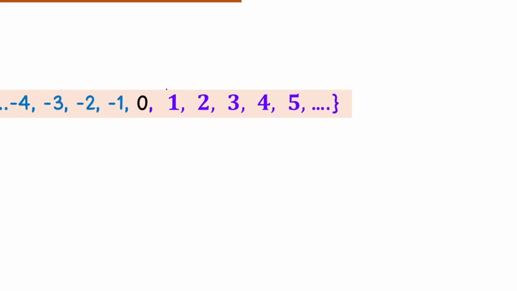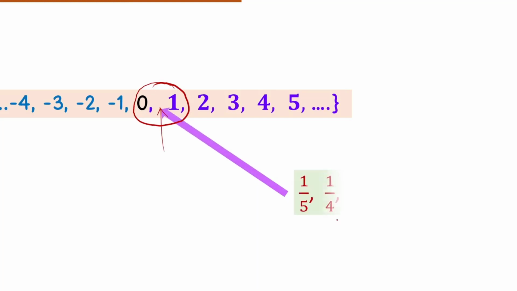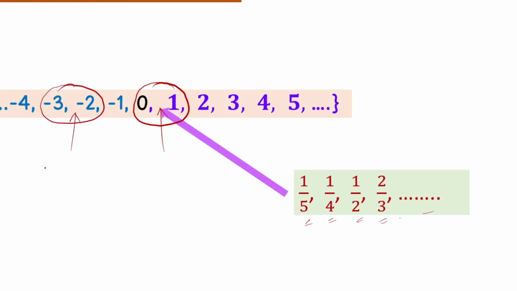Now let us take two consecutive integers, say 0 and 1. Between these two integers, there are infinite numbers of numbers. Numbers like 1/5, 1/4, 1/2, 2/3, etc. And on the negative side, if we take, say, these two integers, in between these also there are infinite numbers of numbers like this.